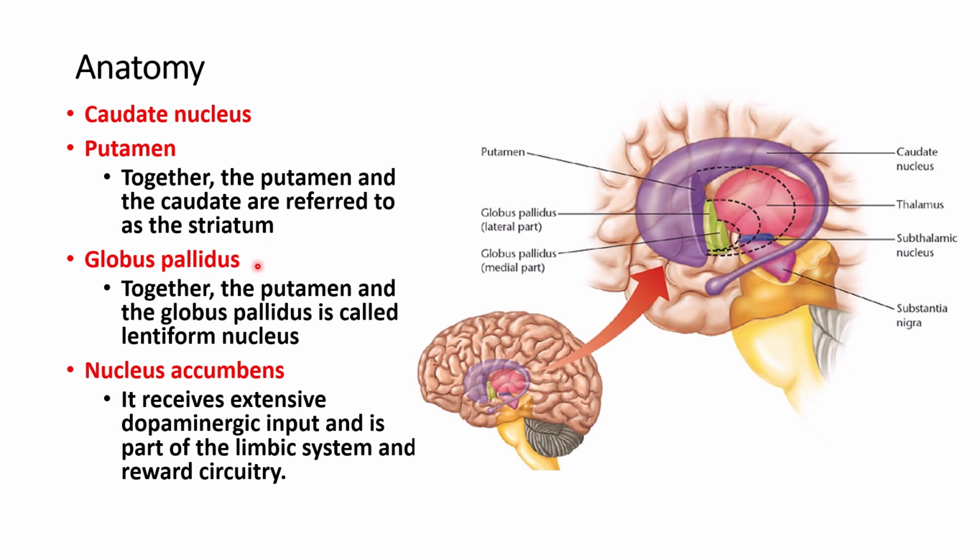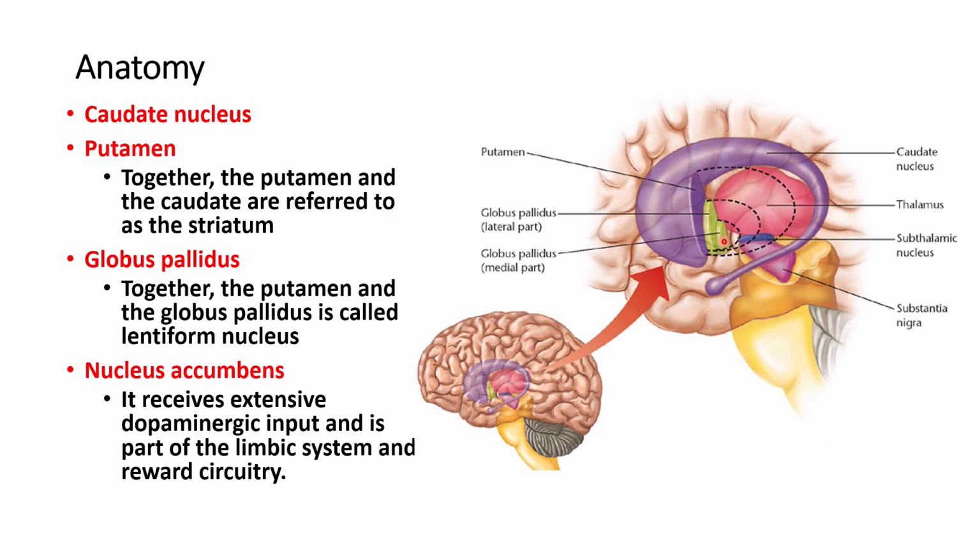The globus pallidus is located medial to the putamen. These greenish structures that you see are the globus pallidus, and there are two parts in it. The lateral part is called the external globus pallidus, and the medial part is called the internal globus pallidus.